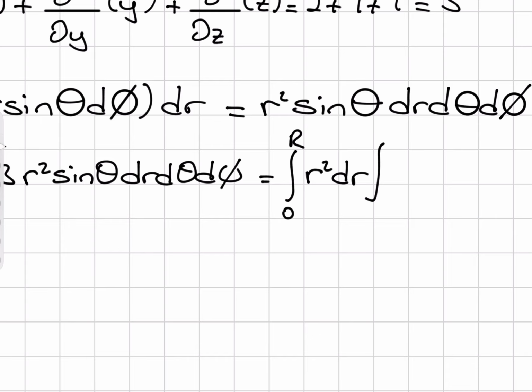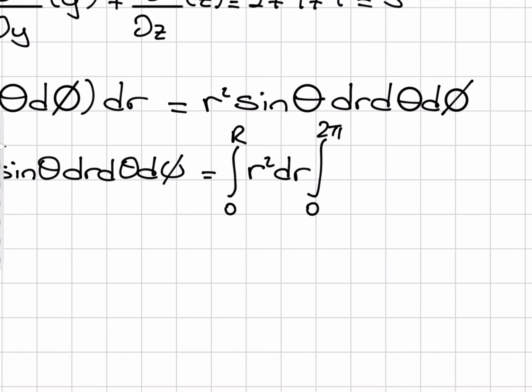The angle φ varies between 0 and 2π, so we have dφ. And the angle θ varies between 0 and π, which gives us sinθ dθ. There's a factor 3 here.